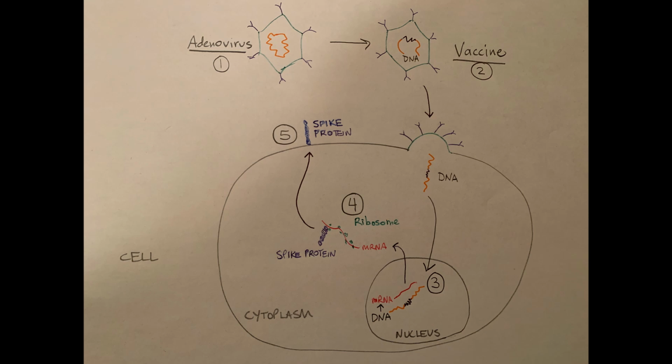The adenovirus is genetically engineered, as I mentioned earlier, so it does not cause infection, but it's actually taken up into your cells and then into the nucleus of the cell, where the DNA inside the adenovirus is then transcribed into messenger RNA. The messenger RNA then travels into the cytoplasm, and much like the Pfizer and Moderna vaccines, it heads to the ribosome, where it then gets translated into protein, where it makes the spike protein.